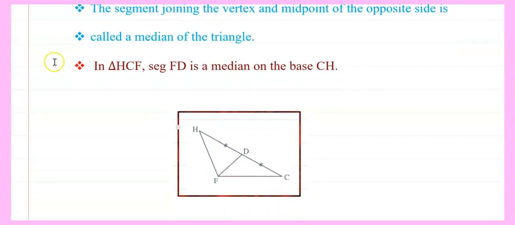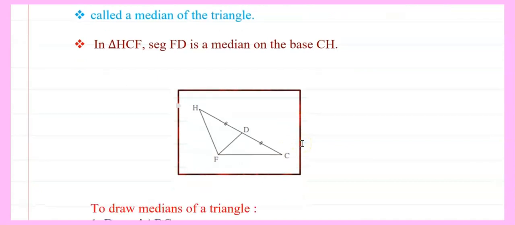Now see this, in triangle HCF, FD is the median on the base CH. D is the midpoint of CH, and as D is the midpoint, FD is called the median of this triangle.